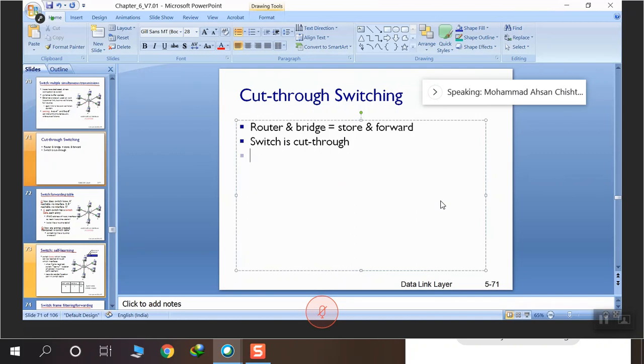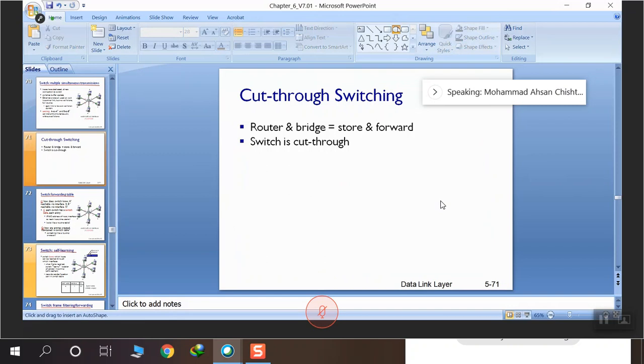What do we mean by a switch being cut-through? It means that when a packet arrives at the, let's say this is a switch. I hope you will understand.